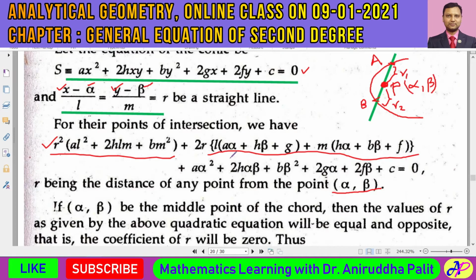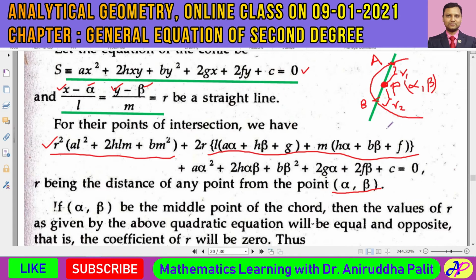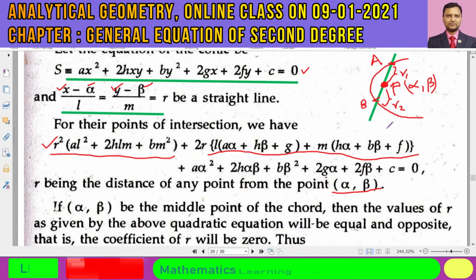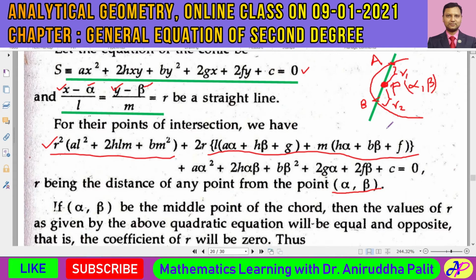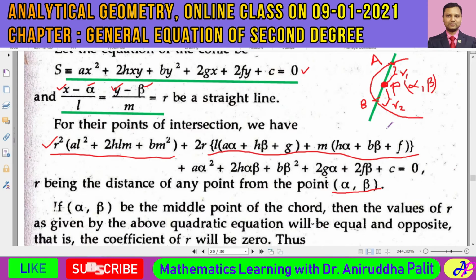And if R1 is positive, then R2 should be negative, because A and B lie on two different sides of the point P, just like the positive x-axis and negative x-axis. If one direction is taken as positive, then the other direction should be taken as negative.